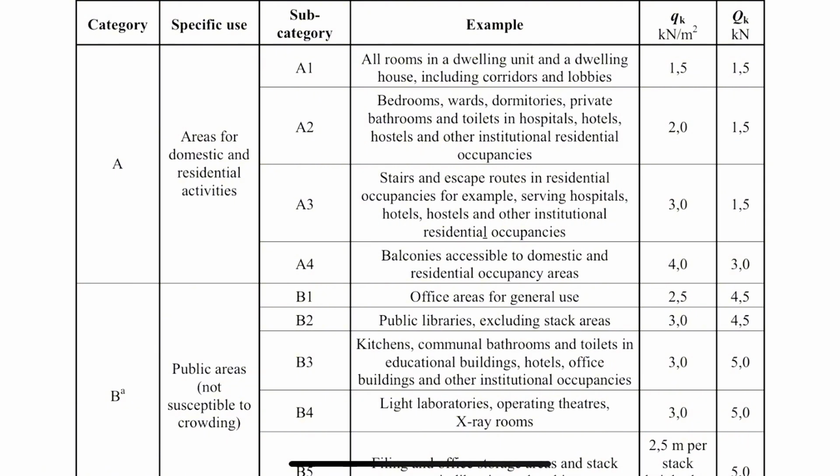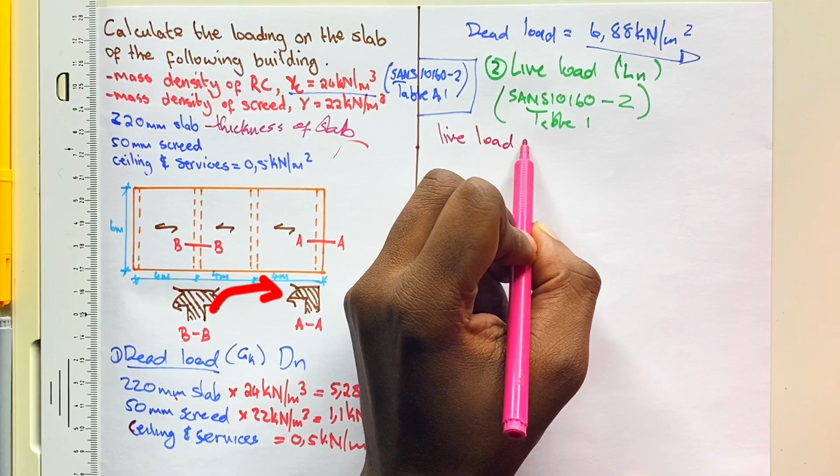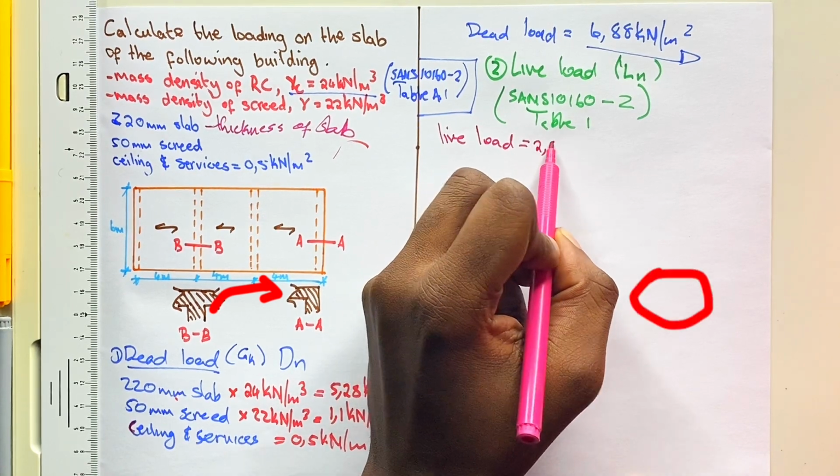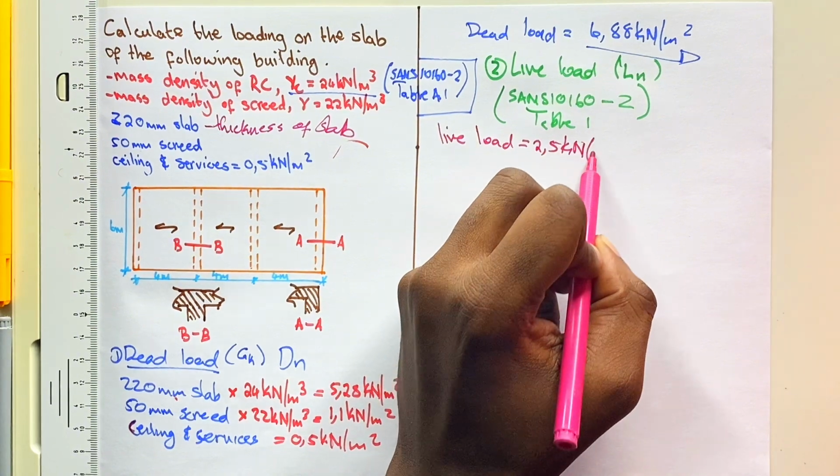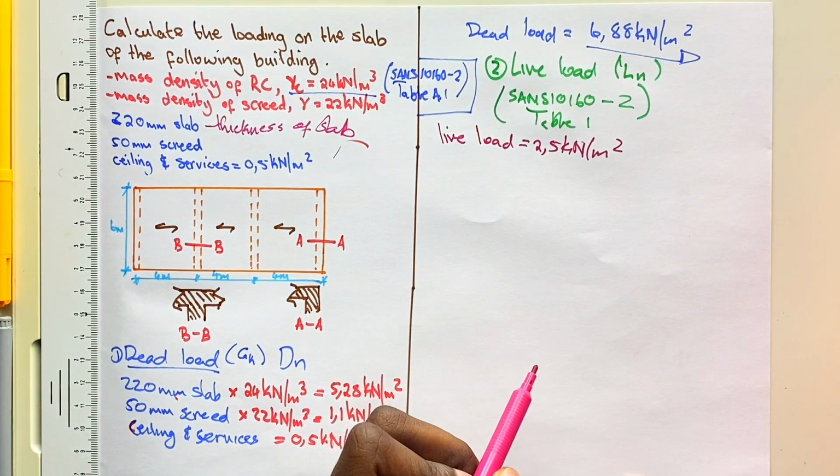Now in this building, we have not specified what type of building we are working with here. So we're just gonna take the live load for a general office building. The live load for a general office building is given by 2.5 kilonewtons per meter squared.